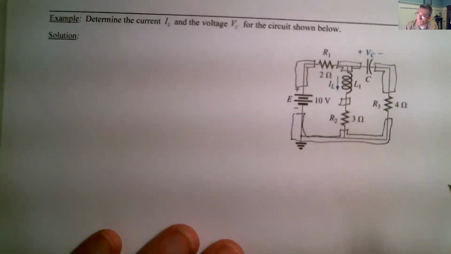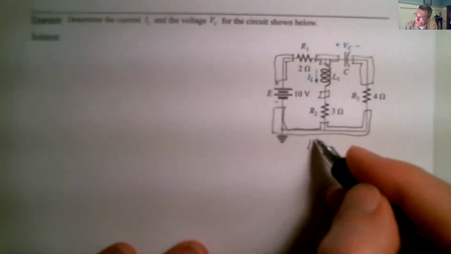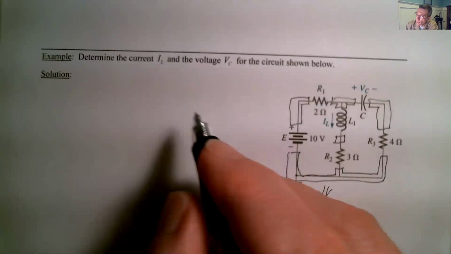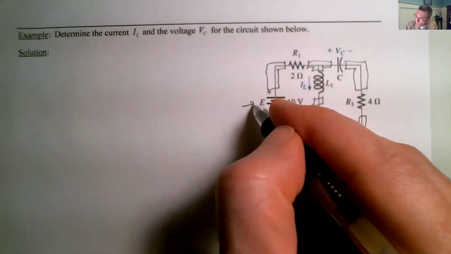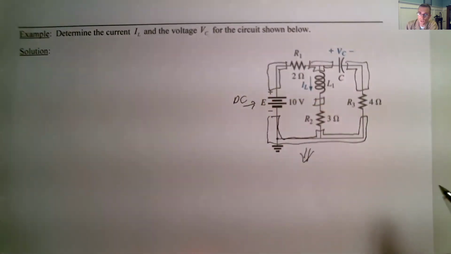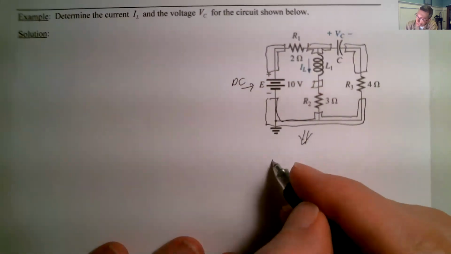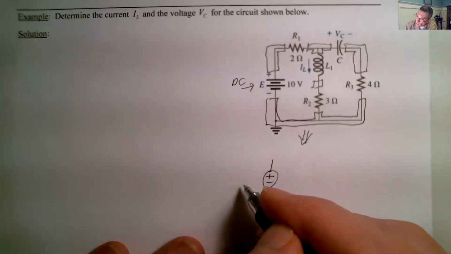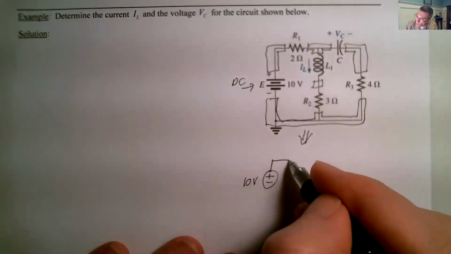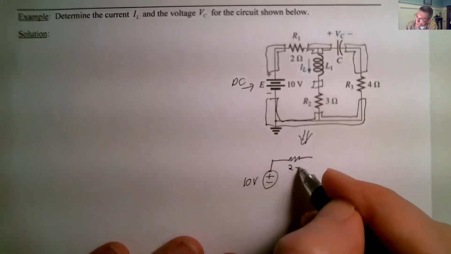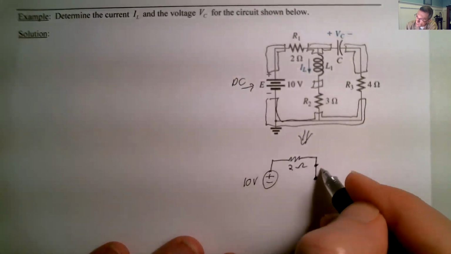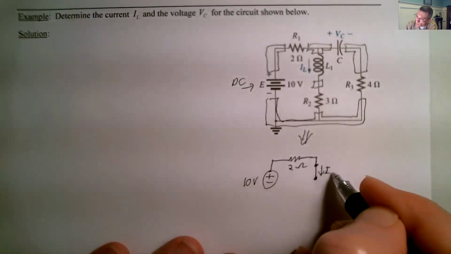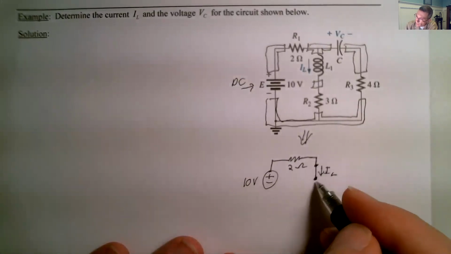Next, what we should do is redraw the circuit. Why? Because there are no switches in here, and this is a DC source. So I'm going to redraw it. This is a 10-volt source. We've got a resistor that is 2 ohms, and an inductor here, and we're going to try to find the current I sub L through that.